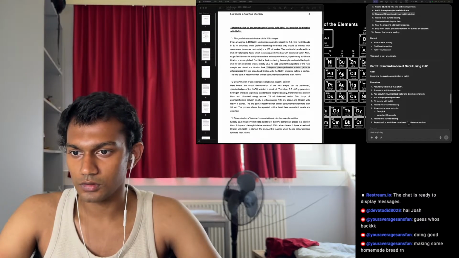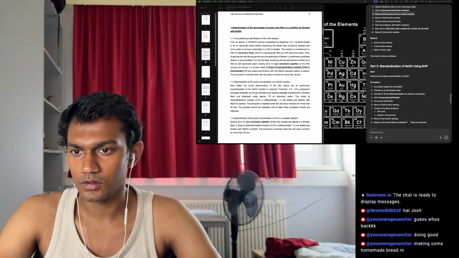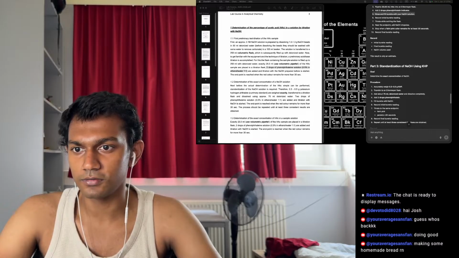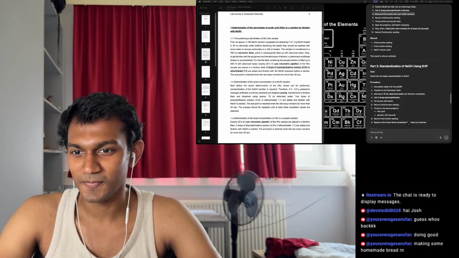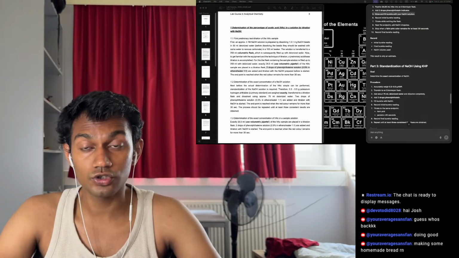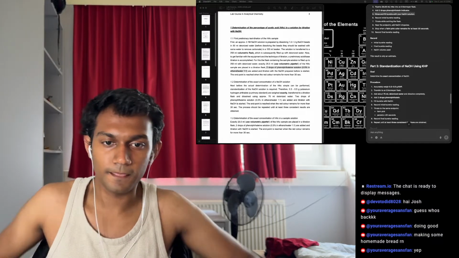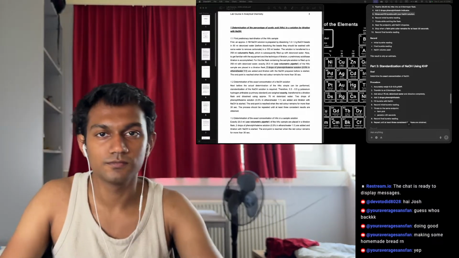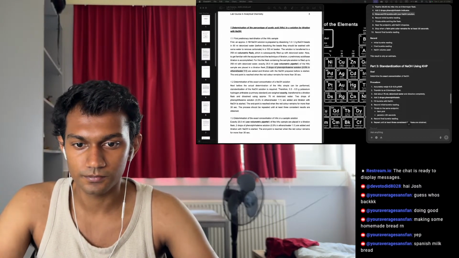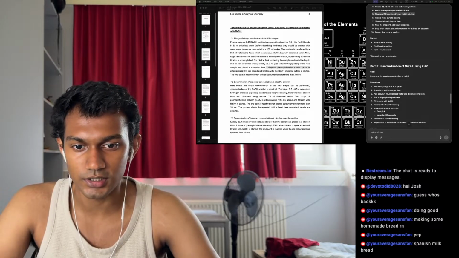I'm guessing you're starting from scratch, mixing the flour, yeast, flour, salt. Oh yeah, making bread like that is just better. Just gives you more control. Spanish milk bread.